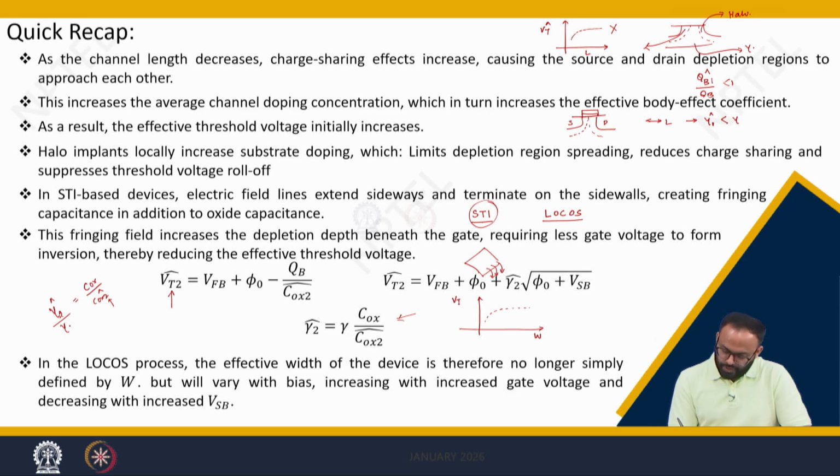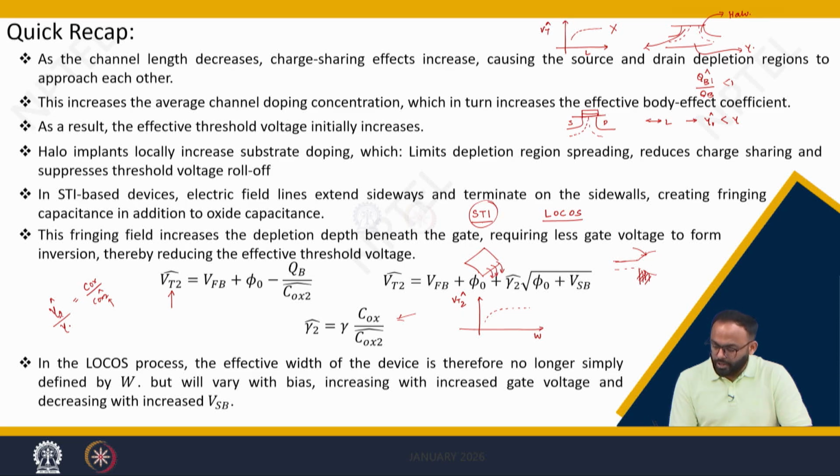So, this is VT2. We have also discussed the LOCOS process and said that in the LOCOS process the gate should give an extra effort to deplete the side wall depletion region.